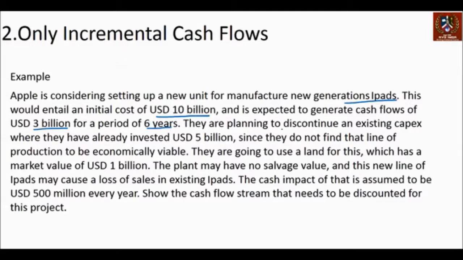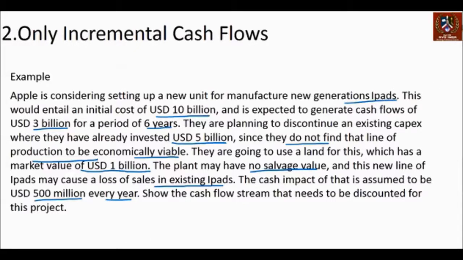They're planning to discontinue an existing capex where they have already invested USD 5 billion, since they do not find that line of production to be economically viable. They're going to use a land for this, which has a market value of USD 1 billion. The plant may have no salvage value, and this new line of iPads may cause a loss of sales in existing iPads. The cash impact is USD 500 million every year. Show the cash flow streams that need to be accounted for, right?